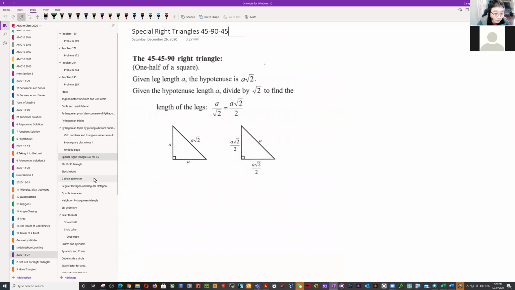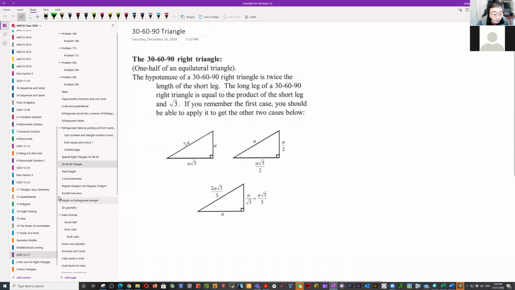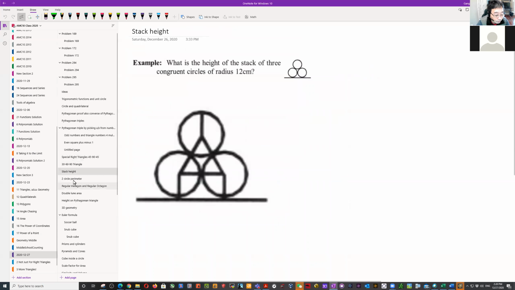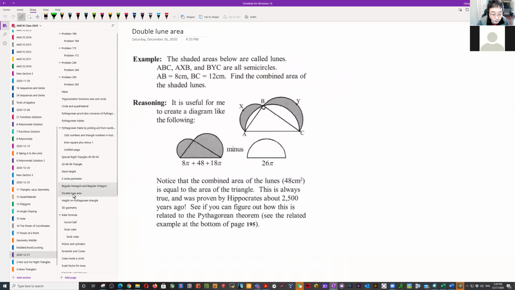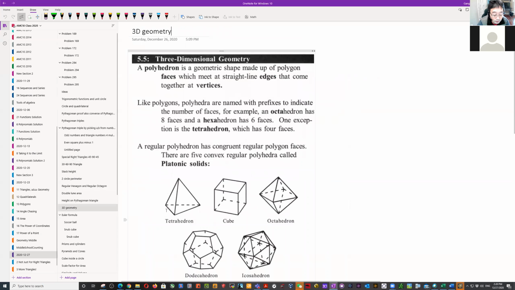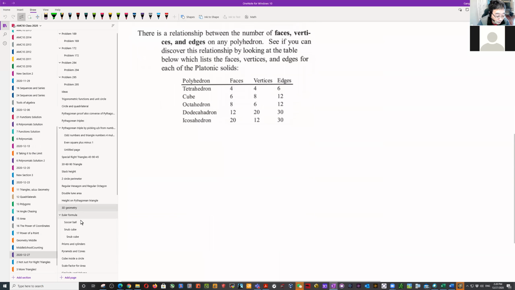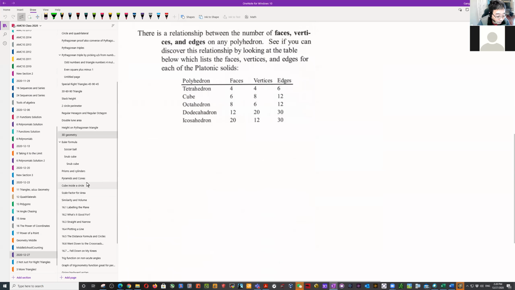Then we're going to go through spatial angles, their ratios and their trigonometry values, and a few problems, and then we're going to go through 3D geometry.